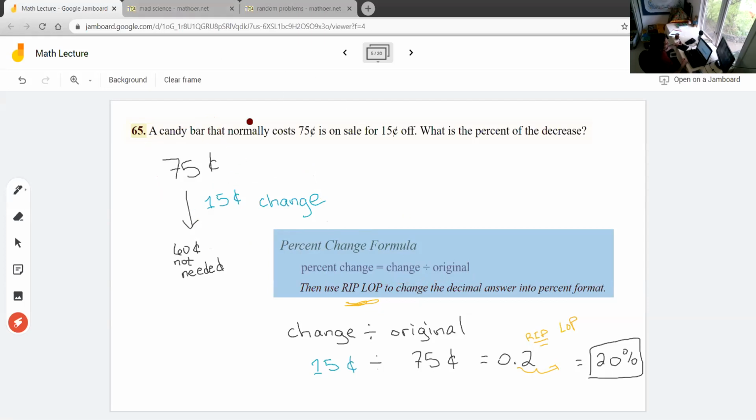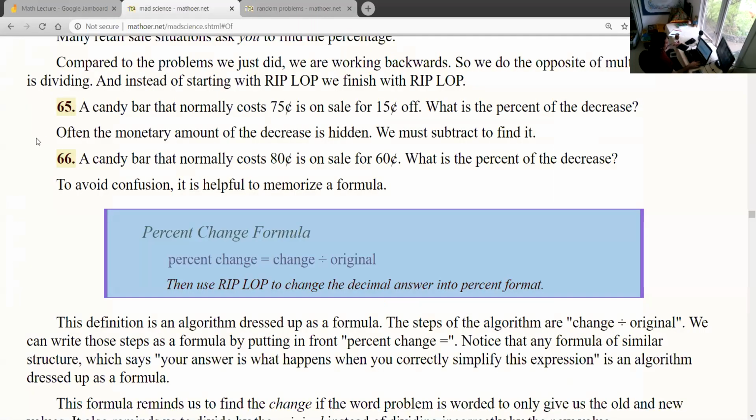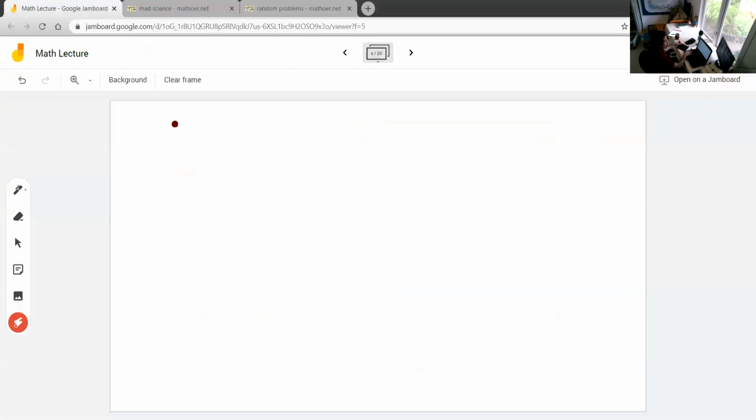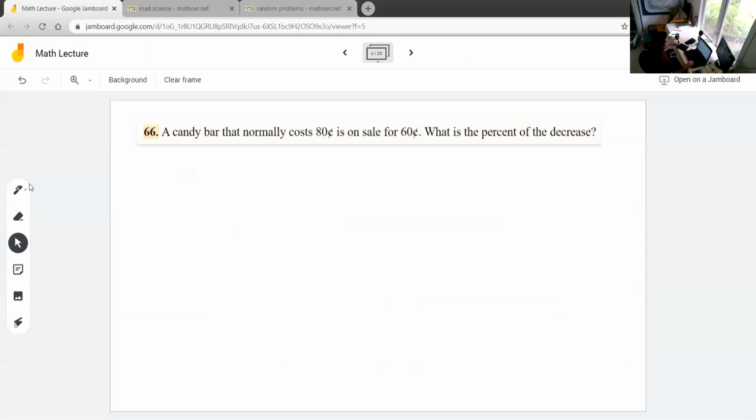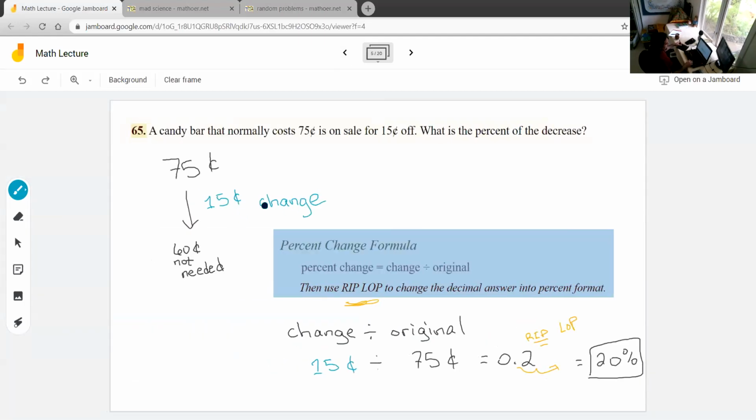The next thing that could go wrong was this problem, which maybe you remember. They didn't give us the change. So it starts at 80 cents. It goes down to 60 cents. And I want something here, but there's nothing there. I need to find the change so I can plug it in the formula.